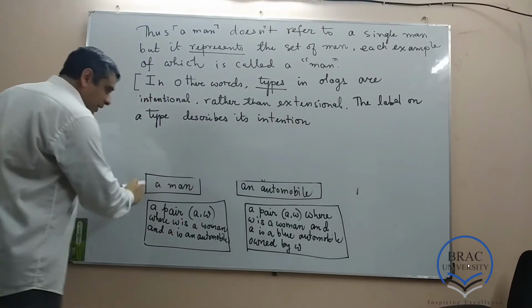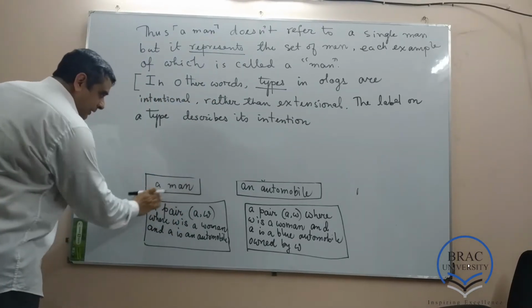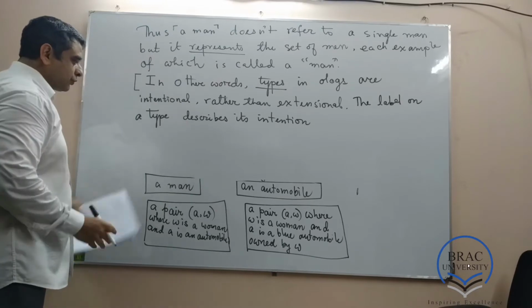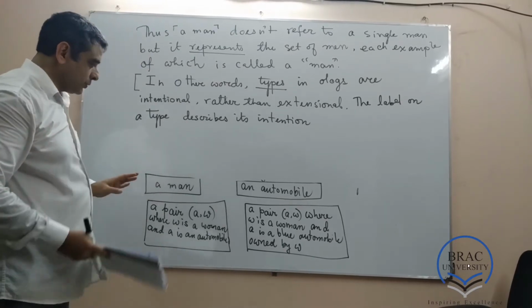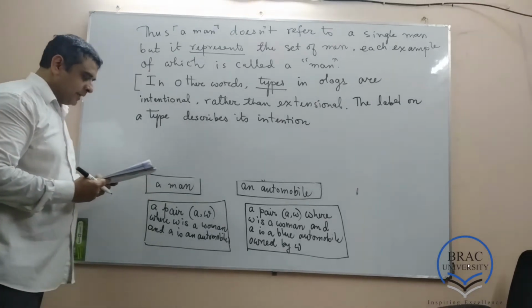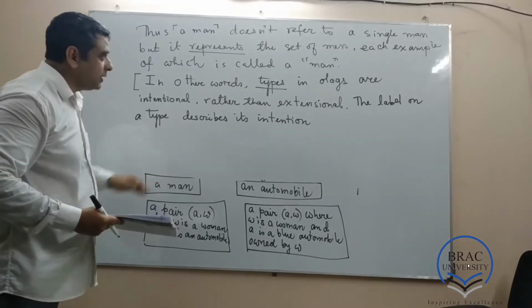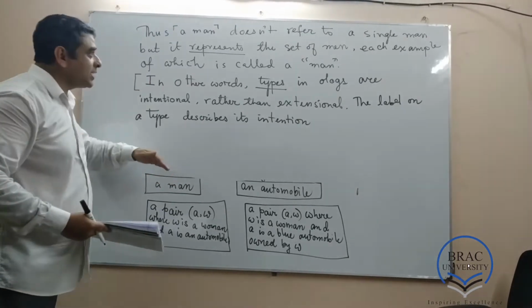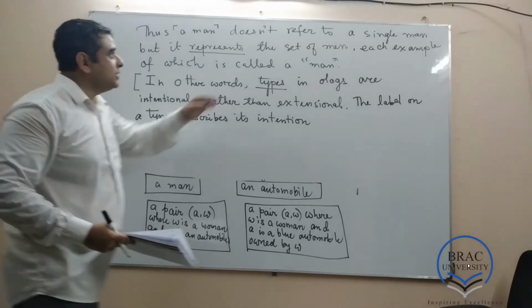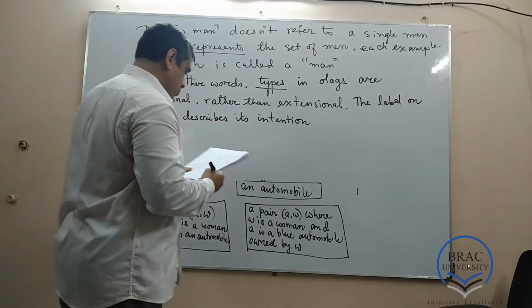So this label attached to this box describes its intention only, okay? The extension of this type is captured by the instance data, which is precisely the set of men.